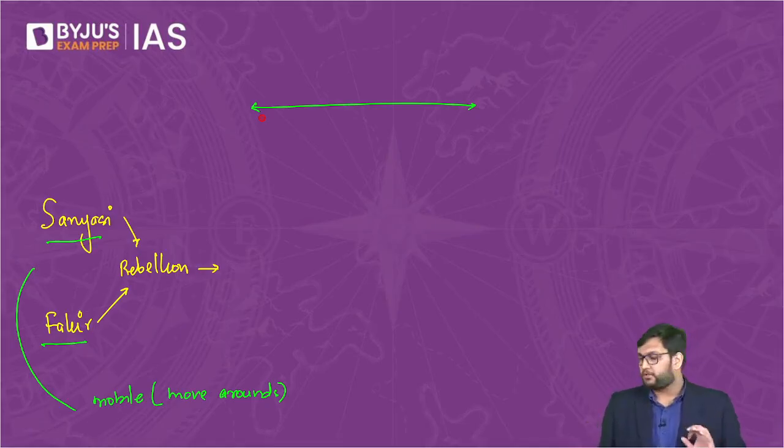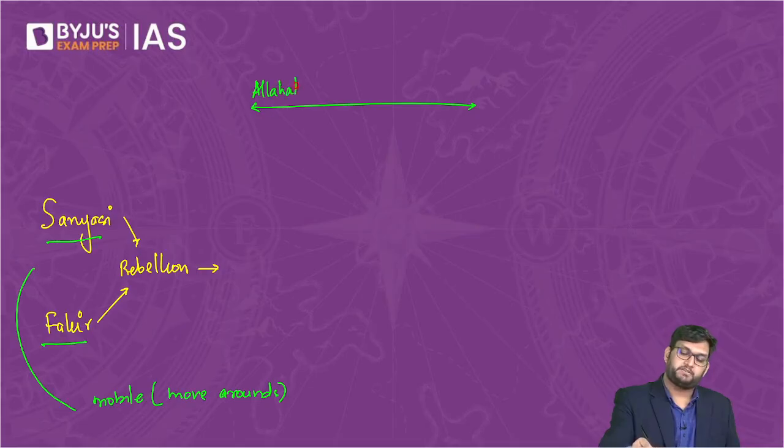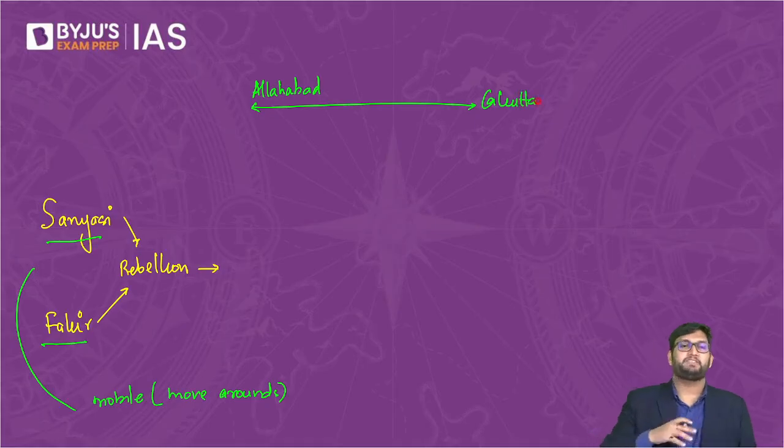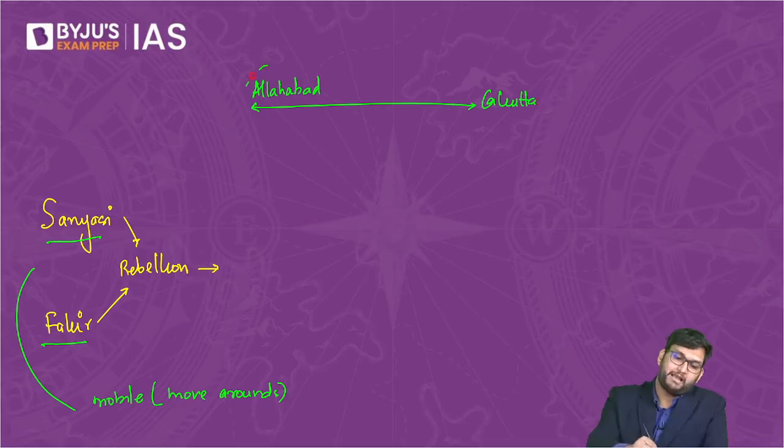The simple point of the matter is, if they are moving, for example, from Allahabad, which is Prayagraj today, to Calcutta, the problem which the British have is that they move with information. A sannyasi can see what is happening in Allahabad and compare it with what is happening in Calcutta.